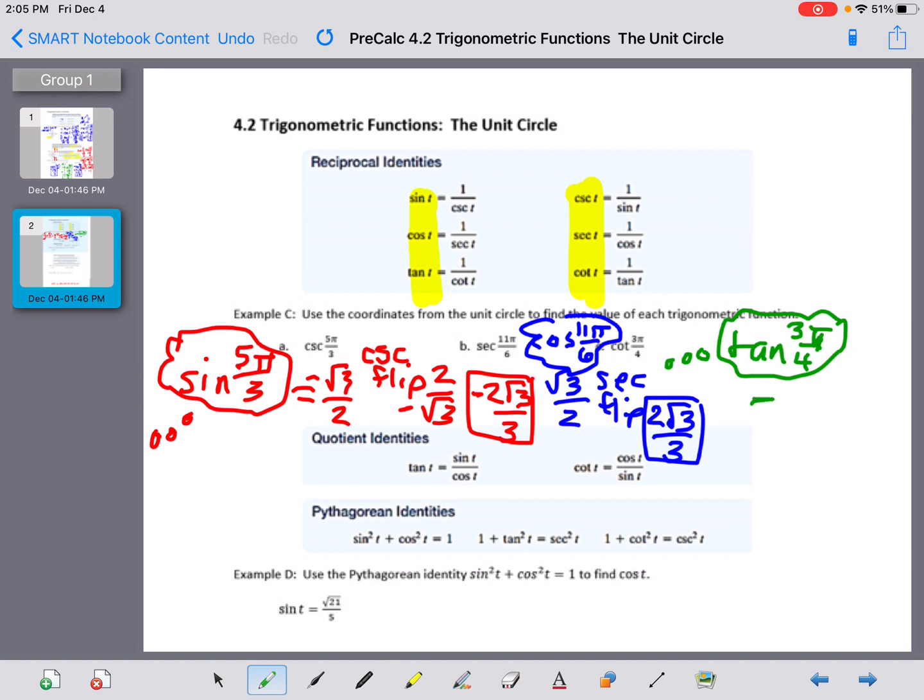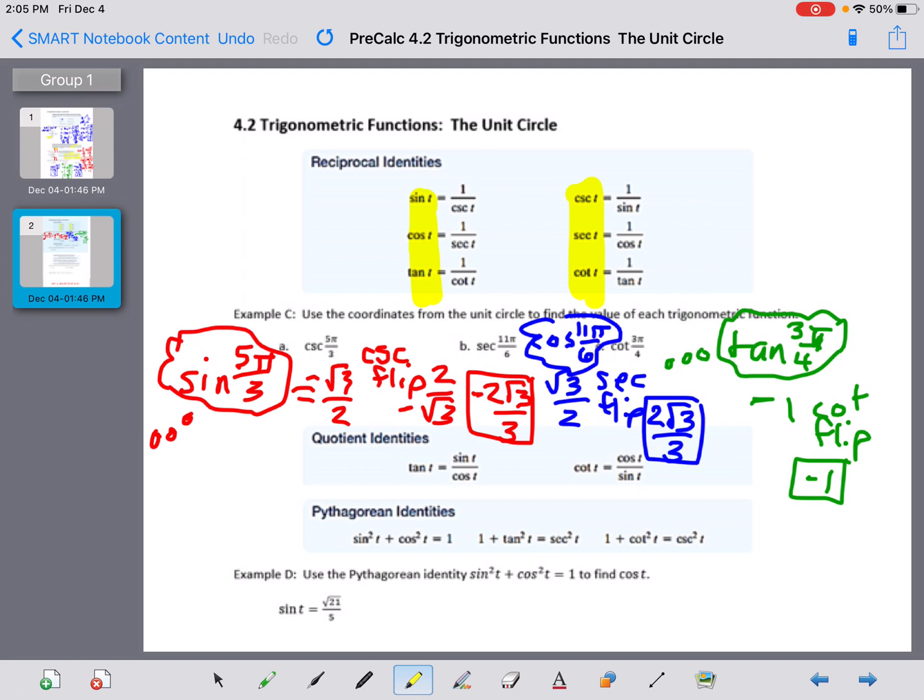And anything pi over 4 has a tangent of 1. For cotangent, I'm going to flip it. Well, guess what the flip of negative 1 is? Negative 1, right? So it doesn't do much there, okay? But that's how you want to handle your cosecants, your secants, and your cotangent: think of their reciprocal and then take that reciprocal, okay? All right.